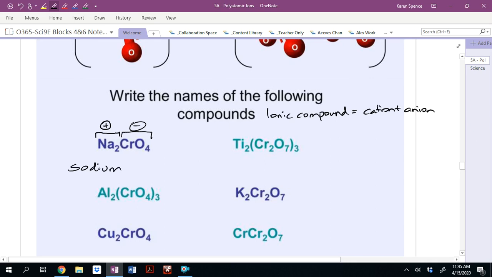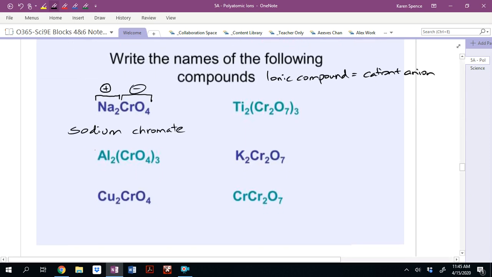And we are going to name our anion, and we just learned that CrO4 is named chromate. The endings of polyatomic ions do not change. It's not like you would all of a sudden call it chromide. Polyatomic ions, you just name them as they are defined for you on that chart that you are going to get.